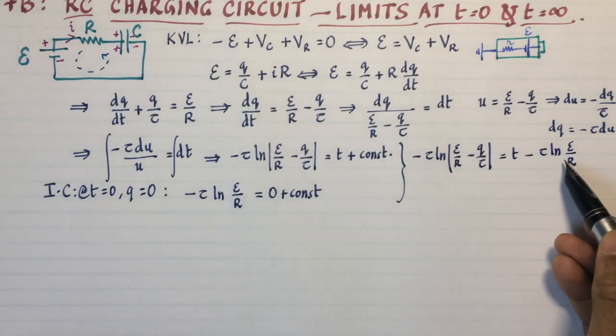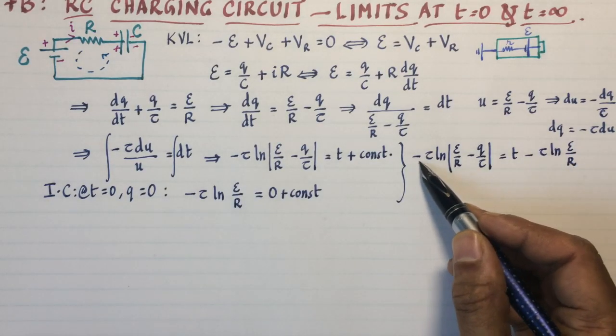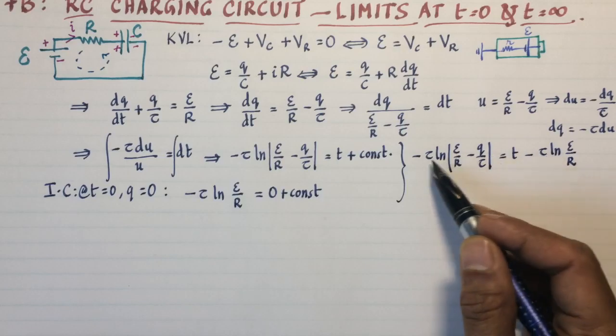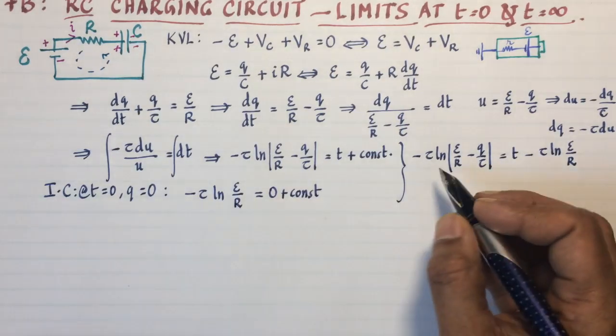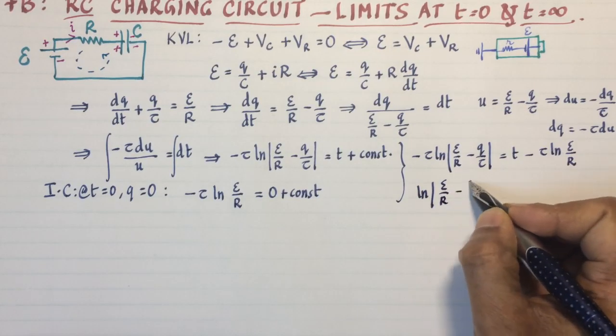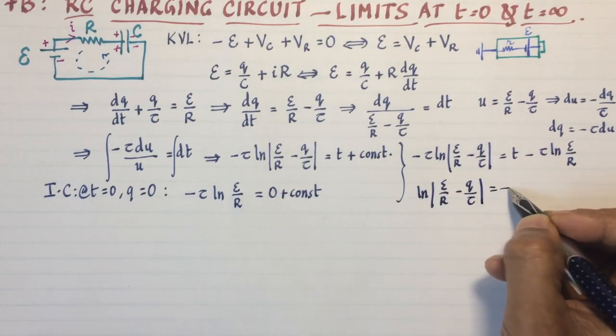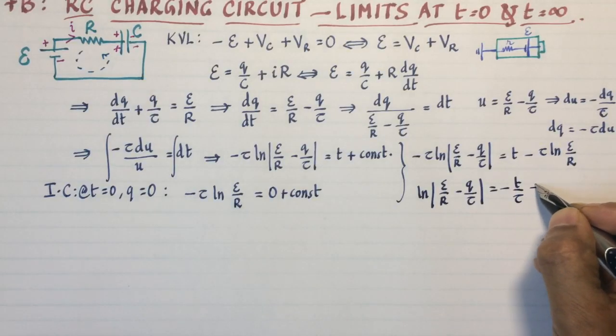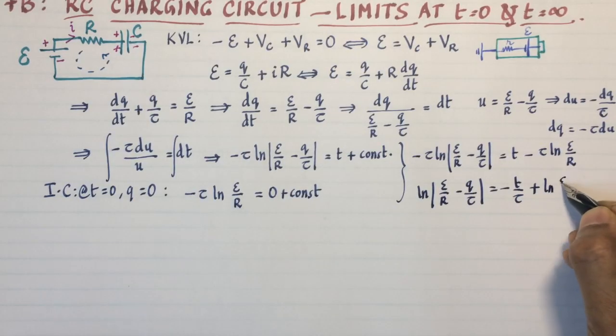So clearly negative tau is sort of common to both terms, so I'll divide by negative tau. If I did that, I'll get natural log of e over r minus q over tau equals negative t over tau plus natural log of e over r.